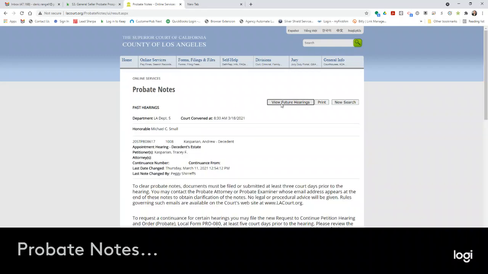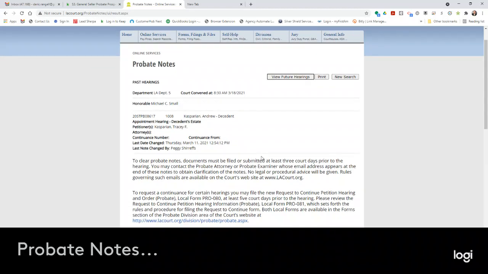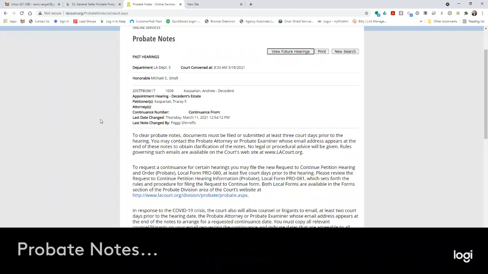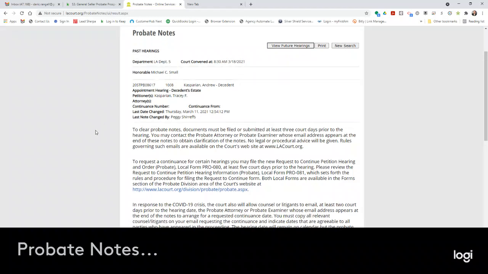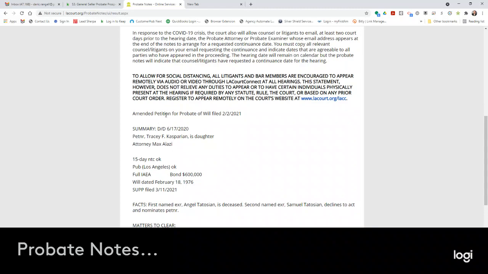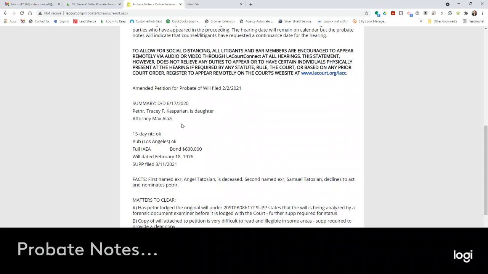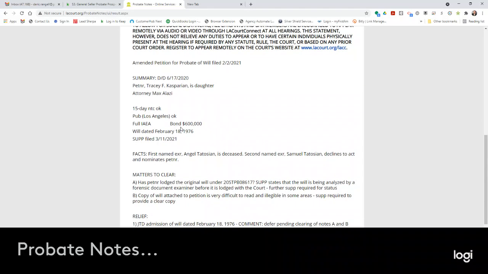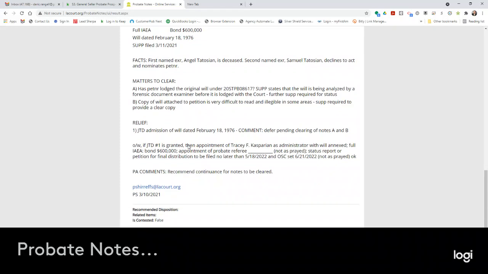However, if you look at past hearings, so imagine this is your case and you have a hearing date coming up, these notes are what have to be cleared. And so when you go through these things, your attorney's supposed to be dealing with filing the supplements, getting this information in, and clearing these things.